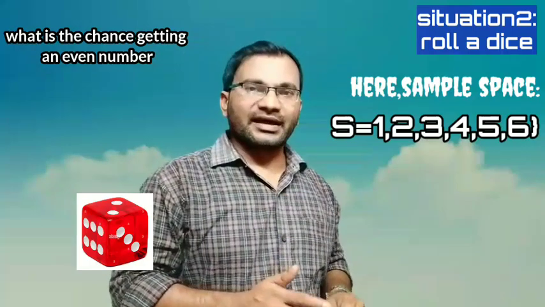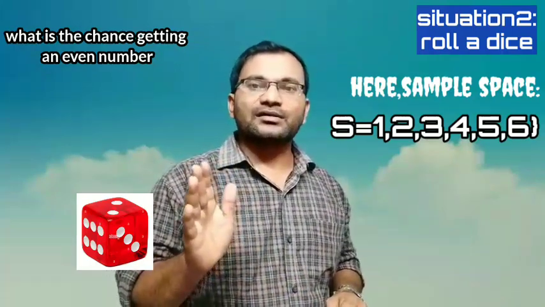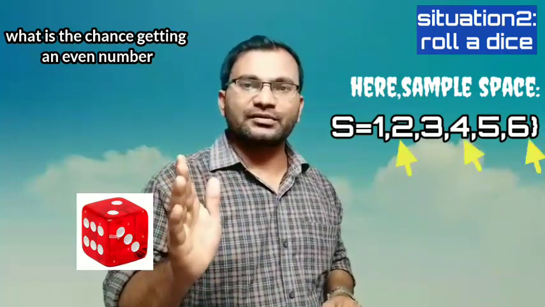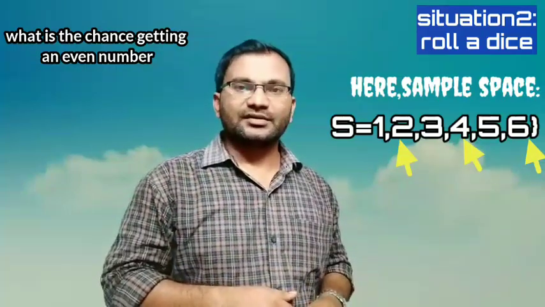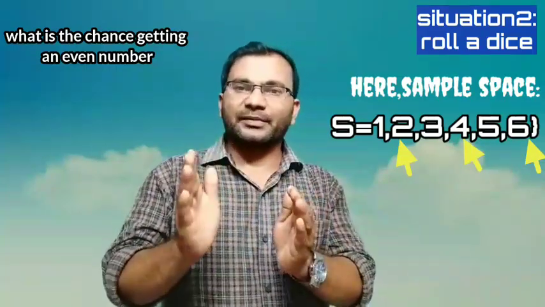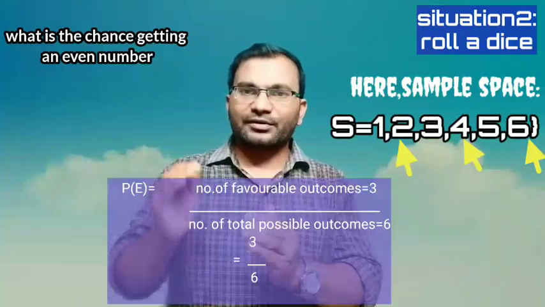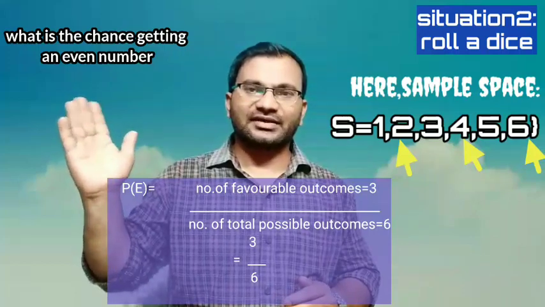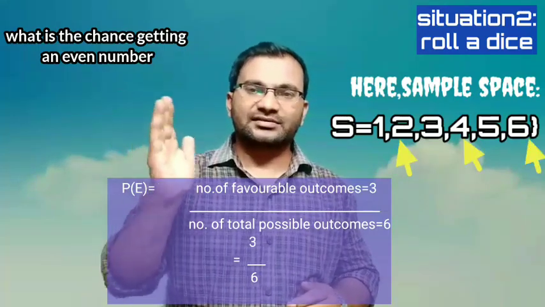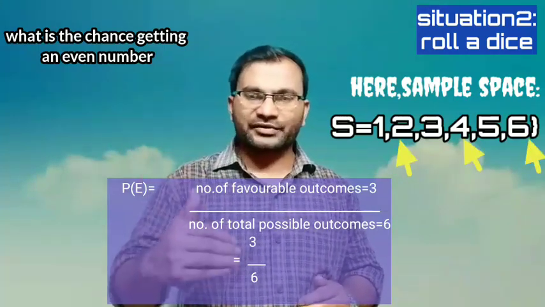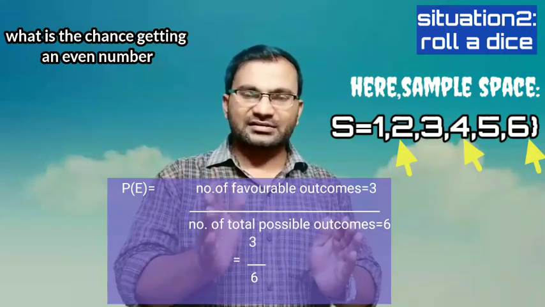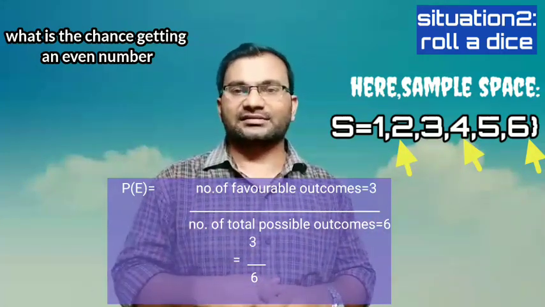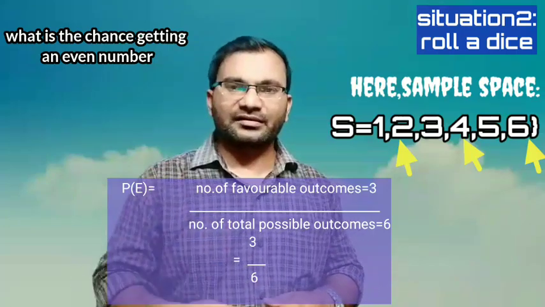So it has 3 favorable outcomes to an event E. So the probability of getting an even number, P(E), equals the number of favorable outcomes, that are 2, 4, 6, the even numbers from 1 to 6, so 3 by the total number of outcomes. We know the dice has numbers 1 to 6, so 3 by 6. Here, once again, I repeat, we are going to learn new words.